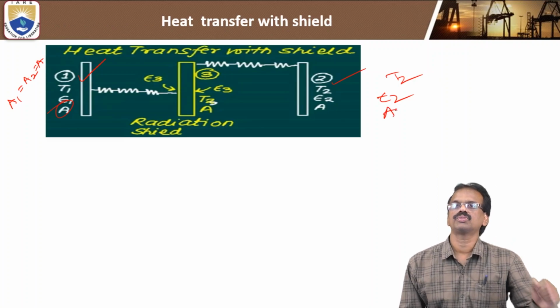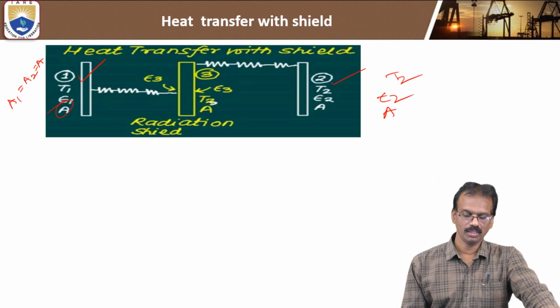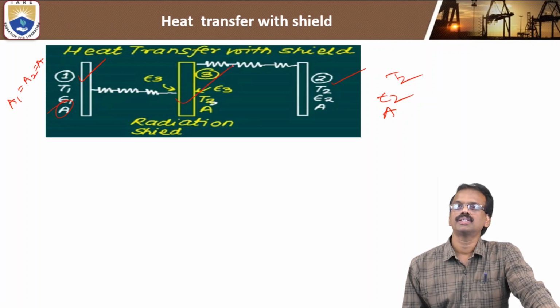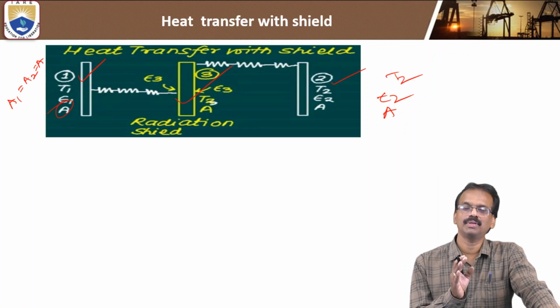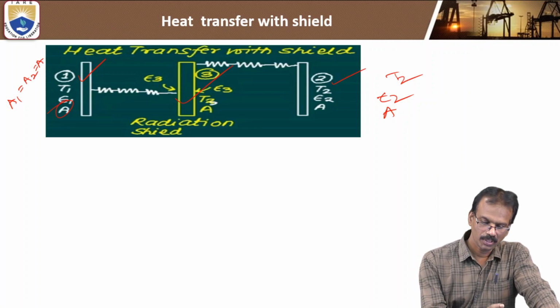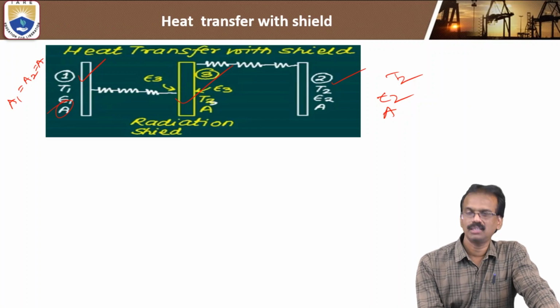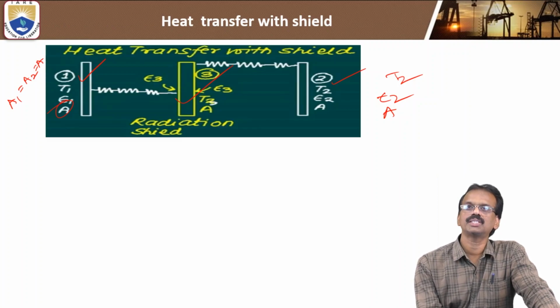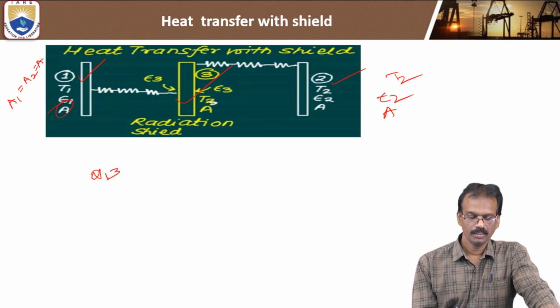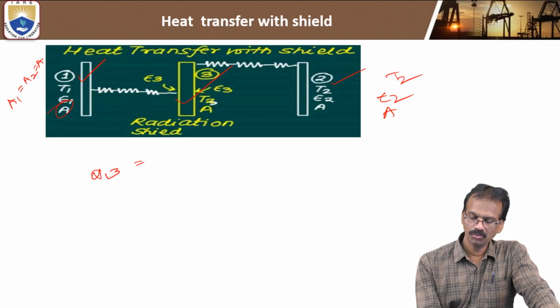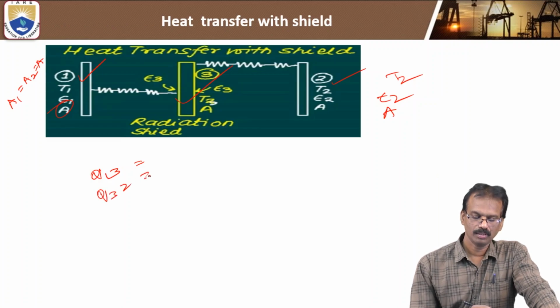In between these two surfaces we place just one radiation shield. Heat transfer takes place by radiation from surface 1 to surface 3, where surface 3 is nothing but the radiation shield. So we get Q13. Next is the radiation between the shield and surface 2, which is Q32.